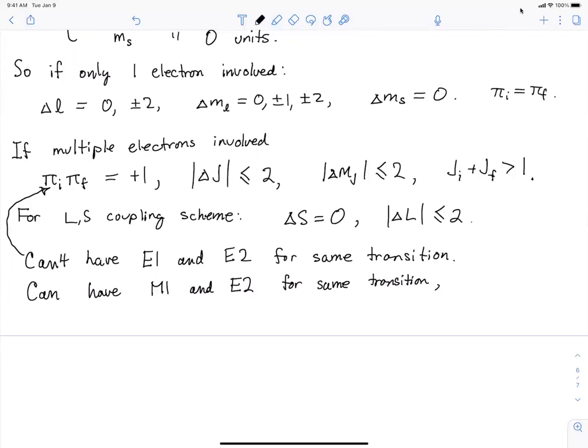So if they're both allowed, then there might be a competition, or it might even be a mixture between magnetic dipole and electric quadrupole. But then there are some transitions where it's only electric quadrupole that can contribute. This is less constrained. So just for example, I could change the angular momentum by 2 units, which magnetic dipole can't do.